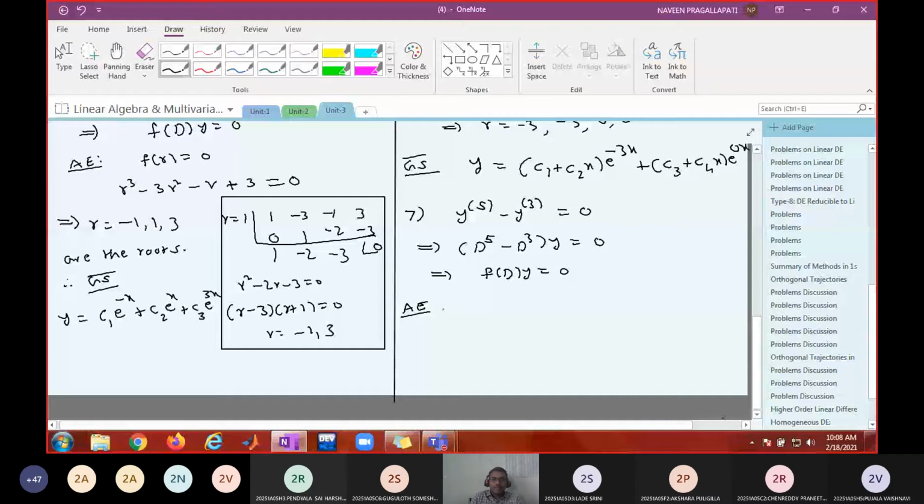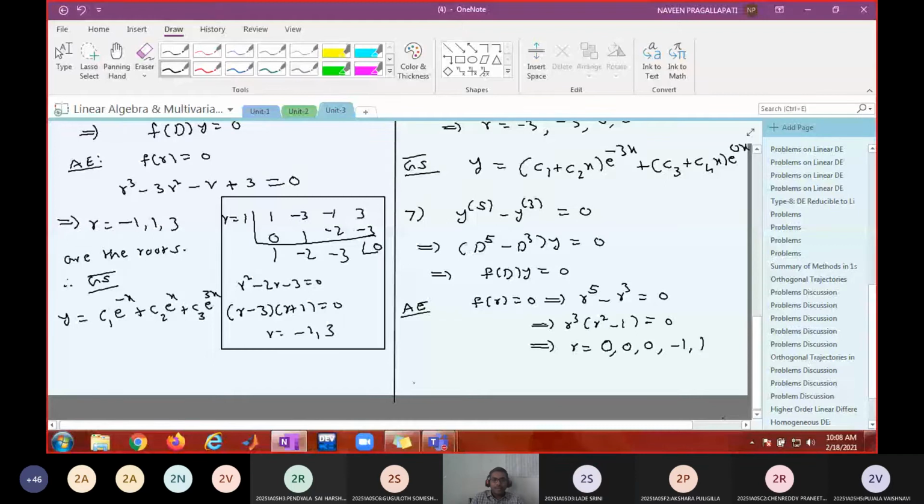What are the roots? Can you tell me the roots? What are the roots? Minus 1, 0, 0, 0, 1.